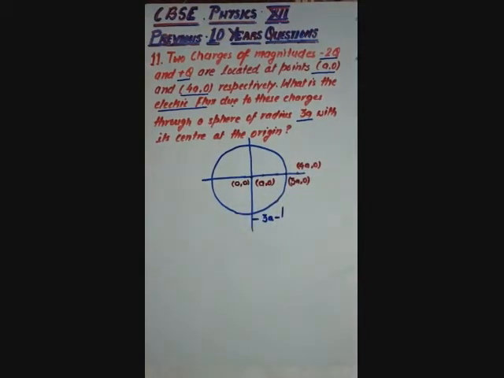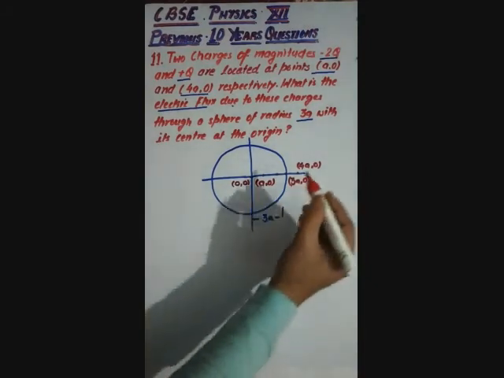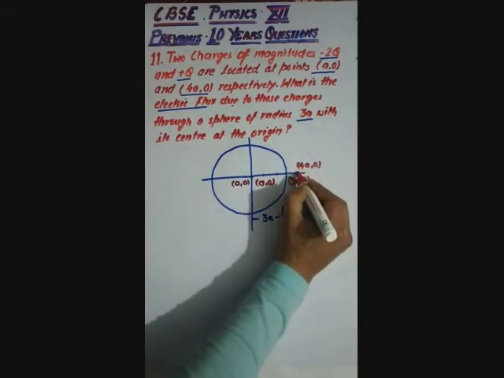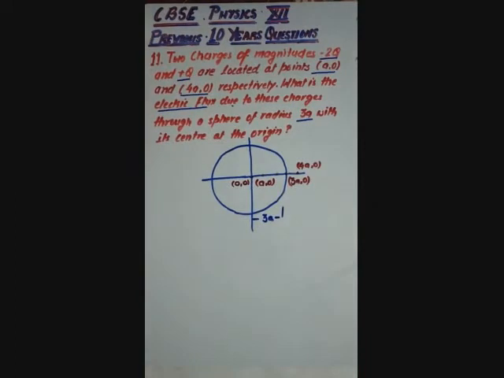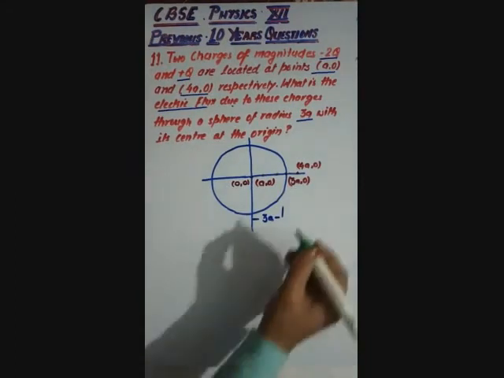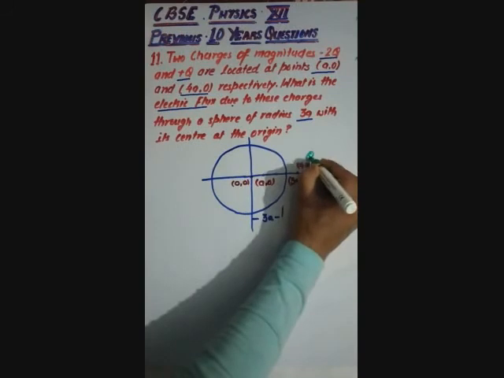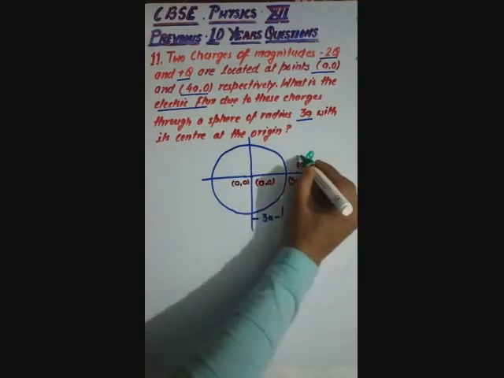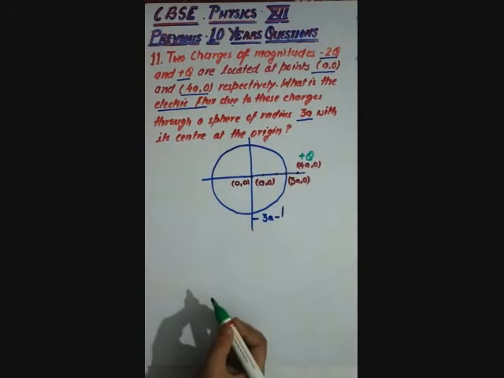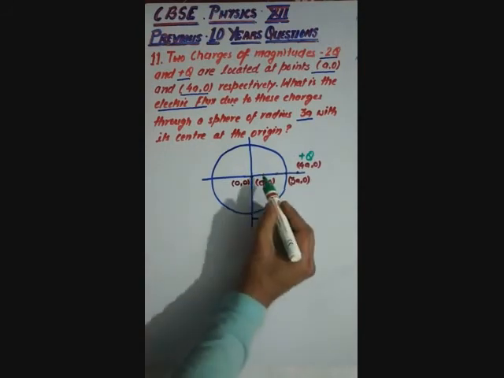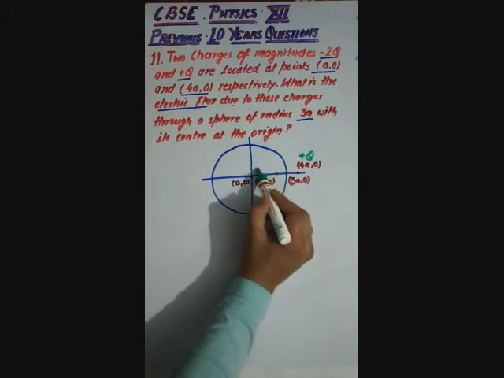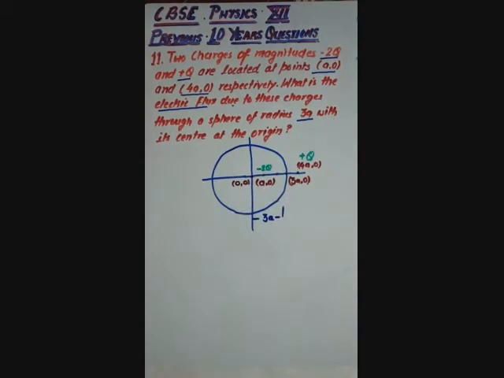The charge put at (4a, 0) is positive q. The charge put at (a, 0) will be negative 2q, as given in the question.